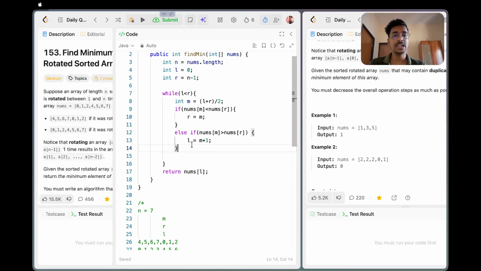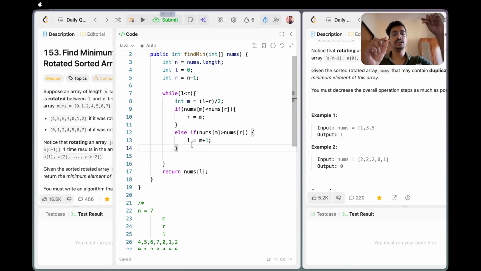The second condition says that the middle point is greater than the right point. That means I am in the range where the graph comes upward, then down, and then again downward.